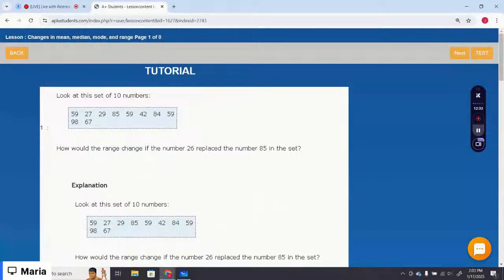How would the range change if the number 26 is replaced by the number 85 in the set? So you have to see how the range would change, right? So just 1 minute.